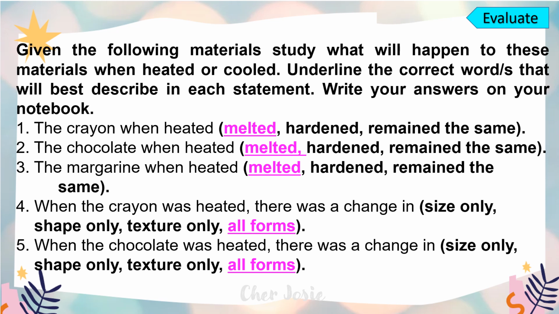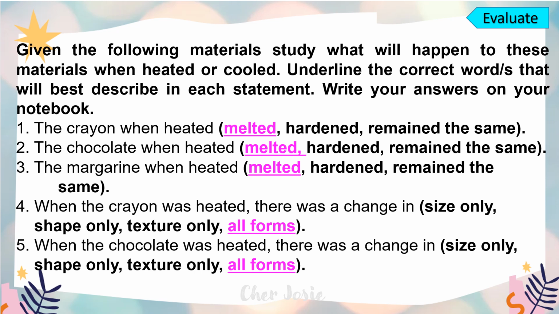For number 1, the crayon when heated, it becomes melted. Okay. For number 2, the chocolate when heated, it also melted. For number 3, the margarine when heated, also melted. For number 4, when the crayon was heated, there was a change in, of course, all forms.